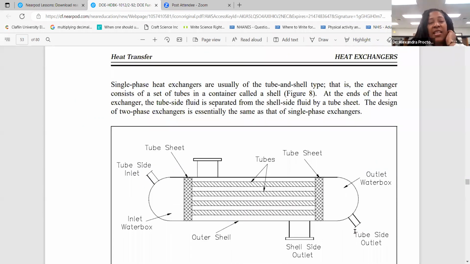So single phase heat exchangers are usually of the tube and shell type, and that is, the exchanger consists of a set of tubes in a container called a shell.